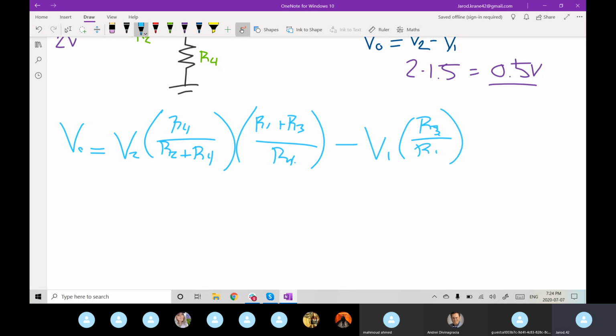So you can imagine if we were to give all of these different resistor values, you would have a little bit of a mess of an equation to figure out what our actual gain is.